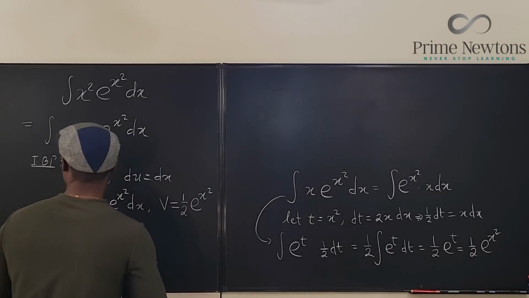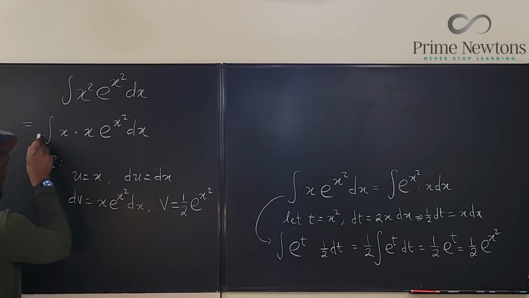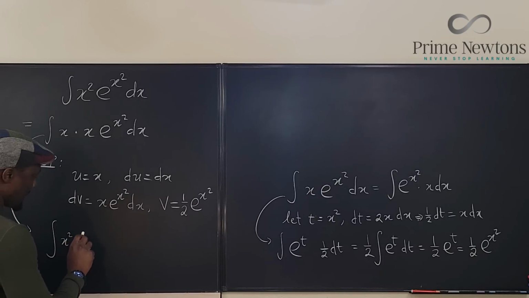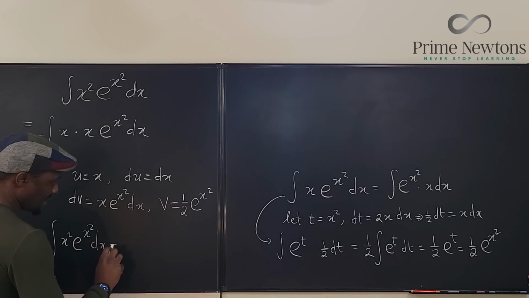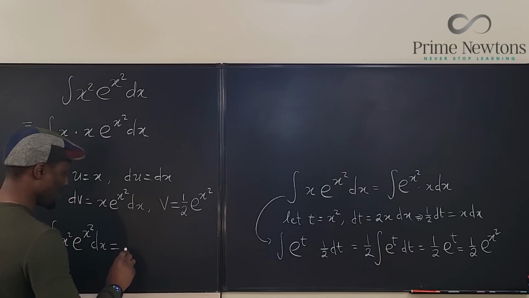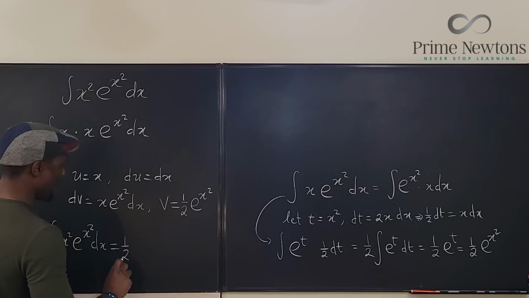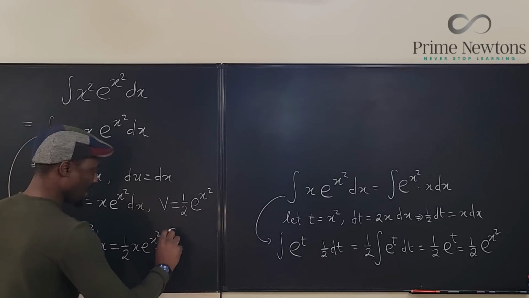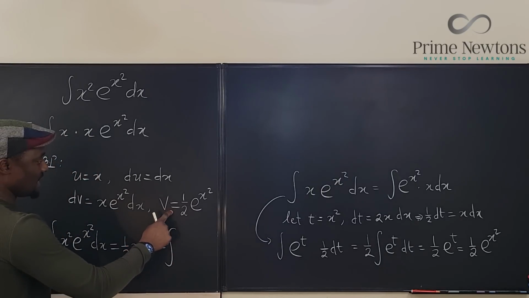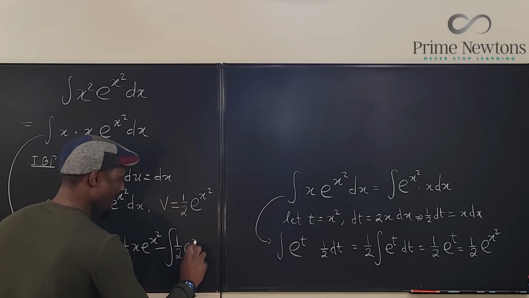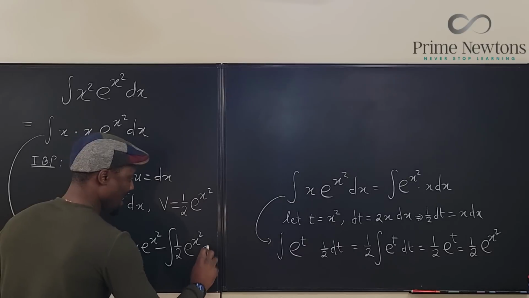So we can now say that by integration by parts, the integral of x squared e to the x squared dx is equal to uv, which is this times this, that's going to be 1/2 x e to the x squared, minus the integral of v du, which is just this, 1/2 e to the x squared, du is dx.